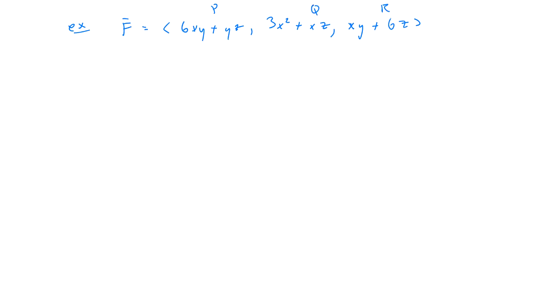So I went through the whole thing, but let me ask at least, is this conservative? So now 3 dimensions. What do we have to check to see if it's conservative? What do we need to be true?